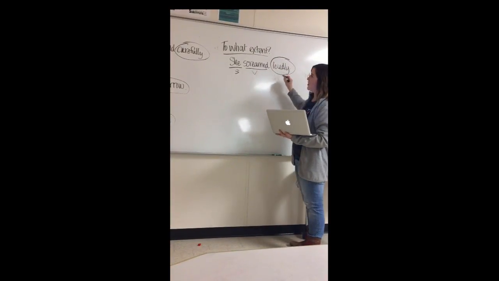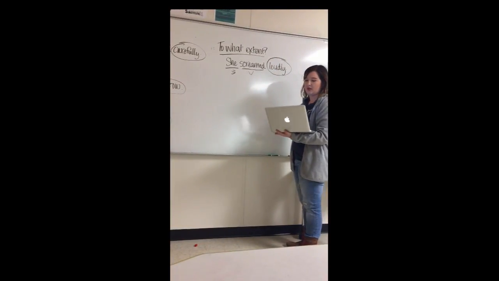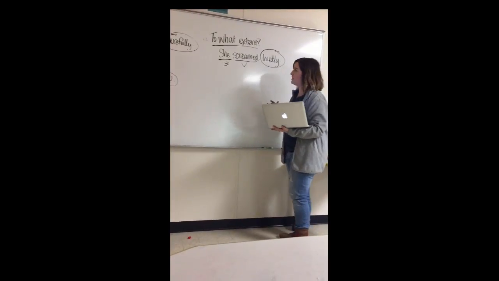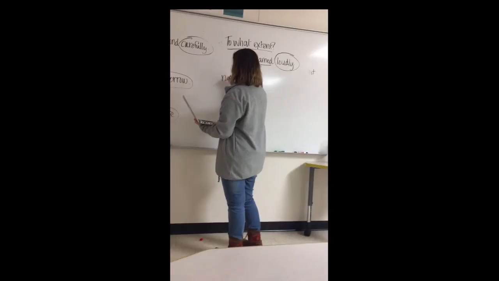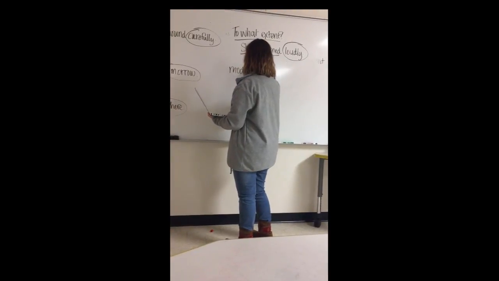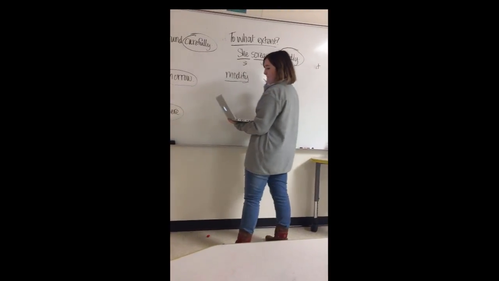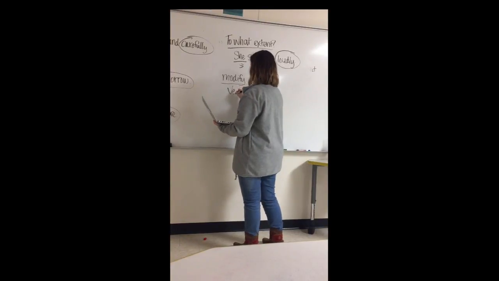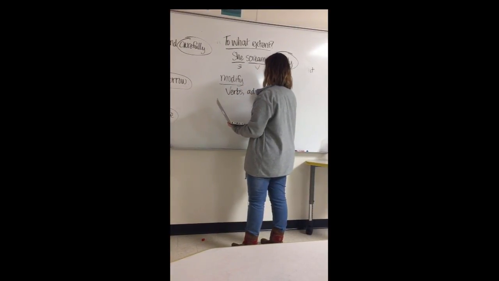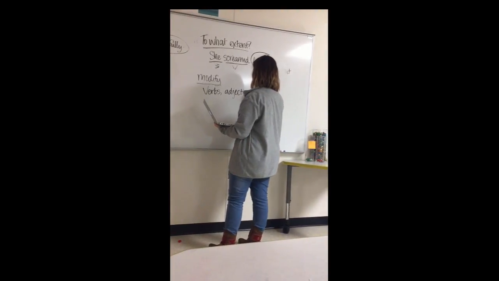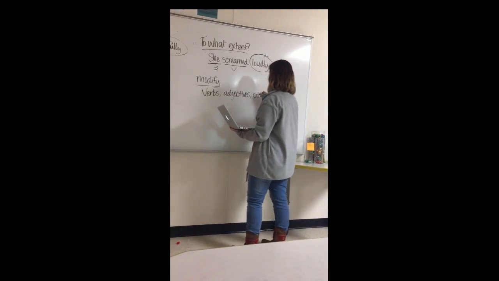Loudly. So that shows you to what extent she screamed, okay? So adverbs, and you should have gotten this in your notes too, adverbs modify verbs, adjectives, and other adverbs.